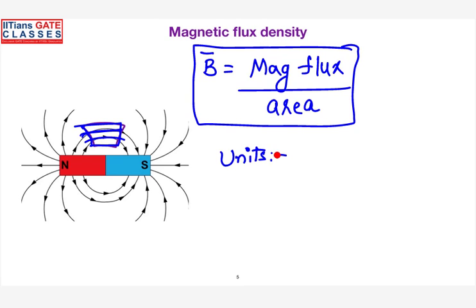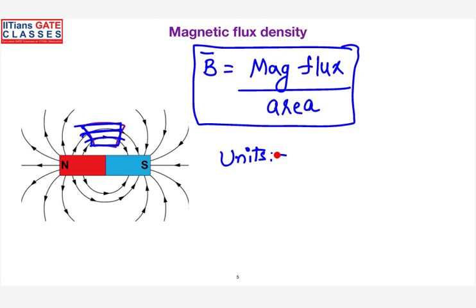What is the unit of magnetic flux density? Ampere per meter cube. How did it come?